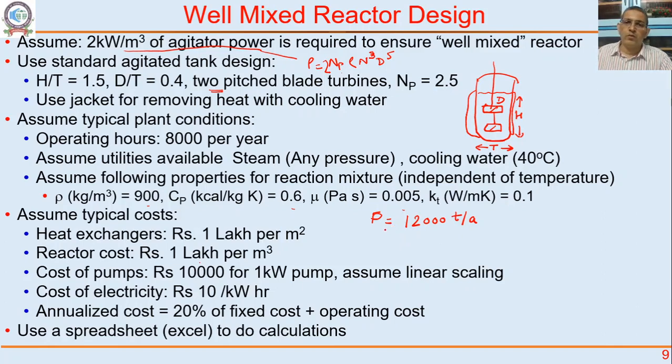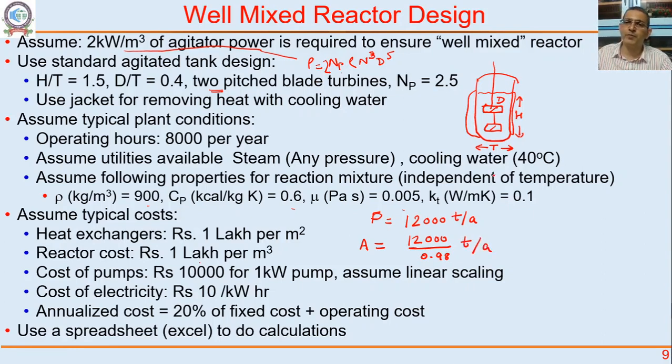Now, if I want to make 12,000 tons per annum, how much A do I have to feed? 98% is converted, so that means 12,000 divided by 0.98 tons per annum is required.